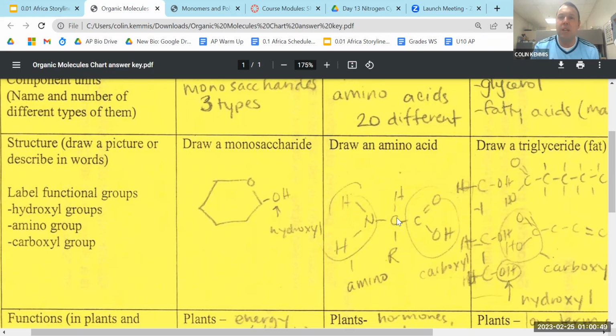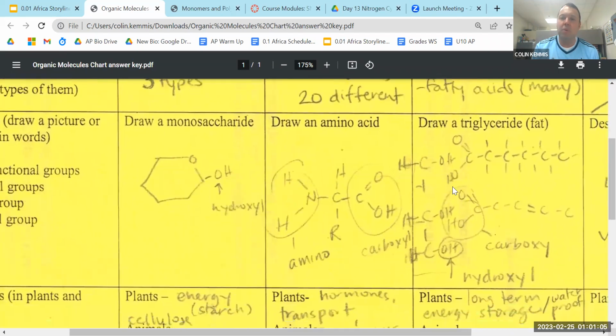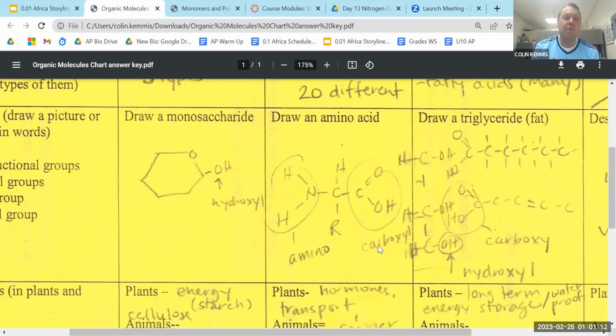That is the same on every amino acid. And the R group, which is different. And as we were cutting out those orange amino acid monomers last week, on Tuesday, you would have seen different R groups. Then the triglyceride, we had the glycerol and fatty acids. There should be three fatty acids there.